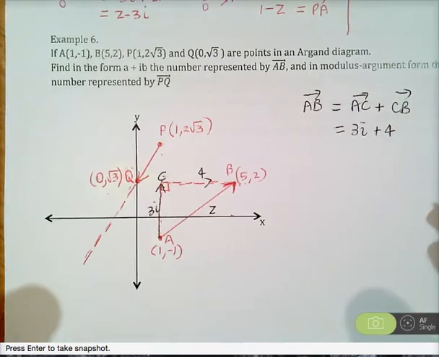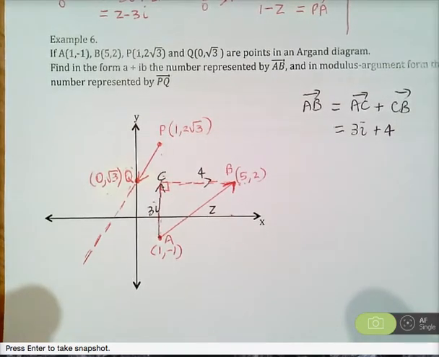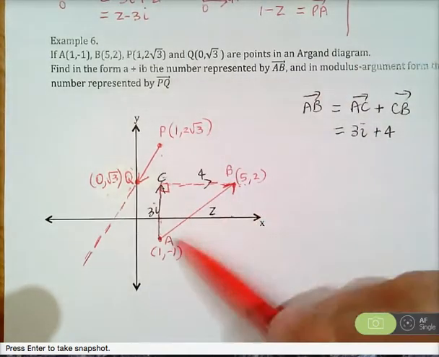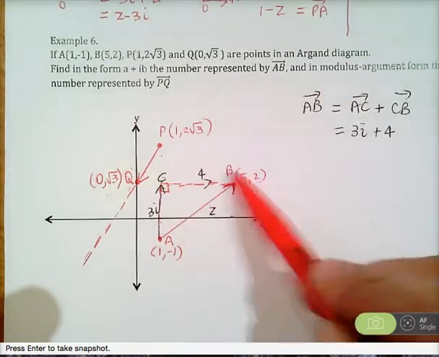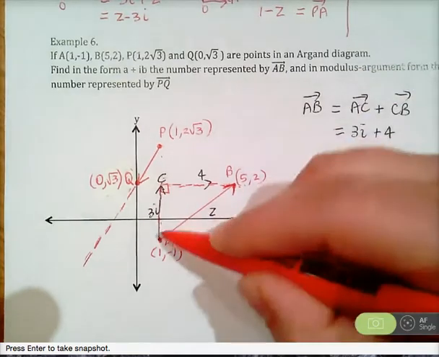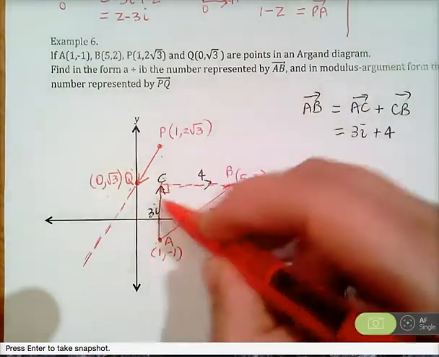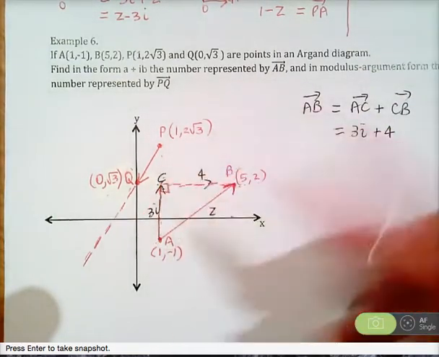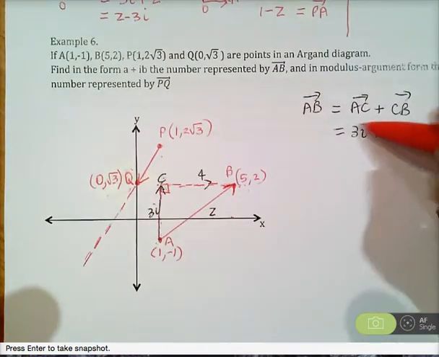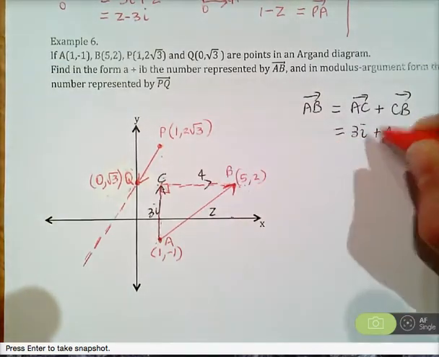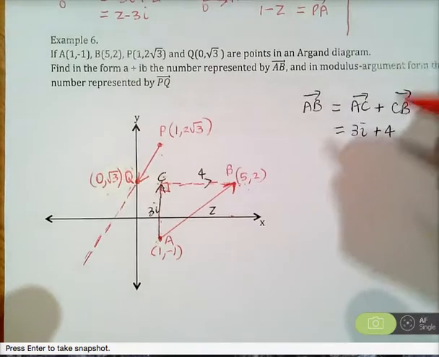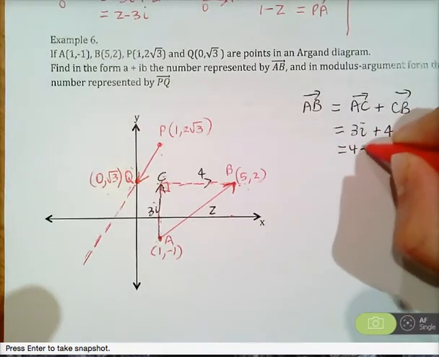So the vector AB is vector AC plus vector CB, which is 3i plus 4, or 4 plus 3i. So that is the vector AB in the form a plus ib.